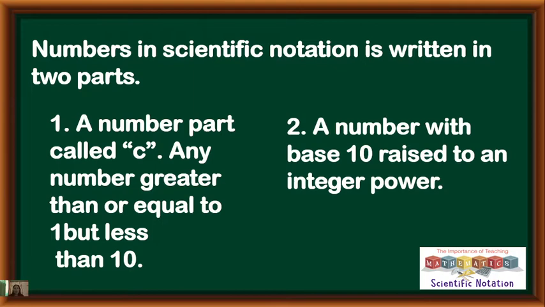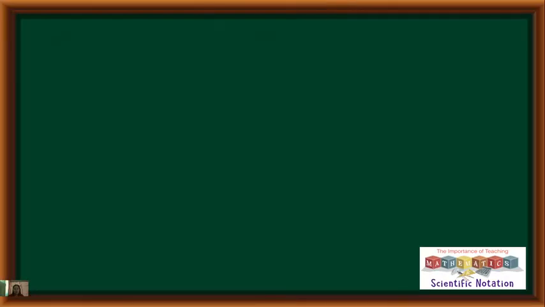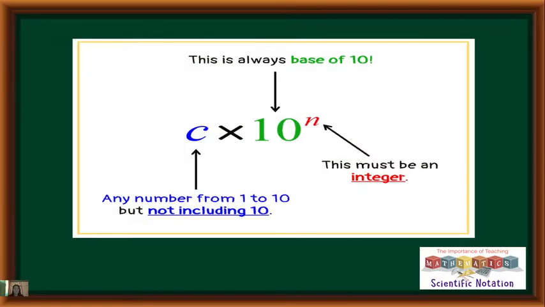So if you combine these two parts, they are what we call factors. And we have this format, or you call it the standard form of scientific notation. C is what we call the coefficient. And what does C stand for?